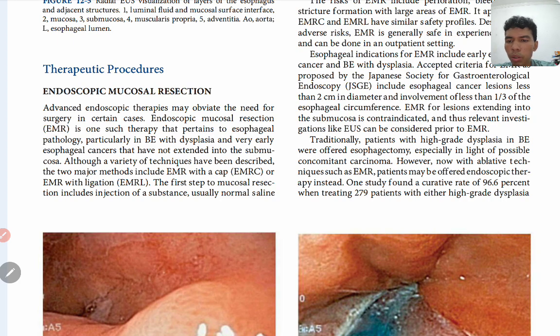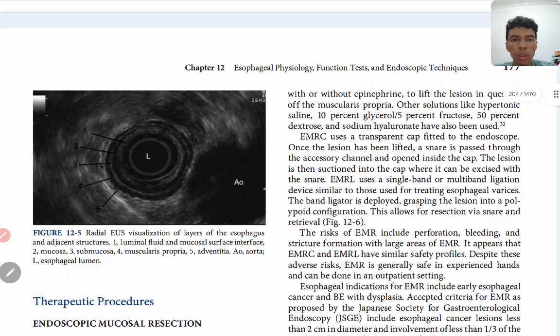The two major methods include EMR with cap or EMR with ligation. The first step of mucosal resection includes injection of a substance, usually normal saline with or without epinephrine, to lift the lesion off the muscularis propria.